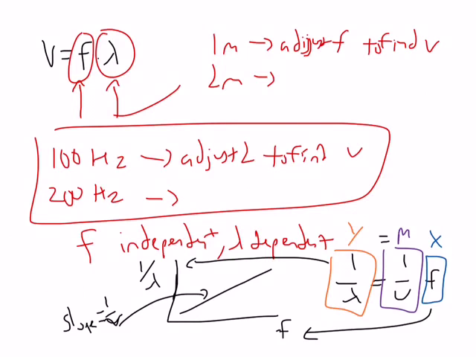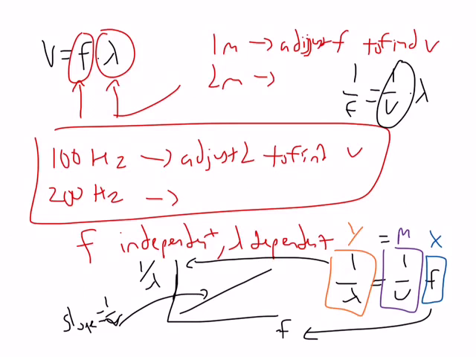There are other options, right? If we did the other trial, we'd be changing which was our independent and dependent variables. We'd get something like 1 over f equals 1 over v times lambda. And so our graph would look slightly different, but the slope is the same, right? That would work. The other option is we could flip everything, right?